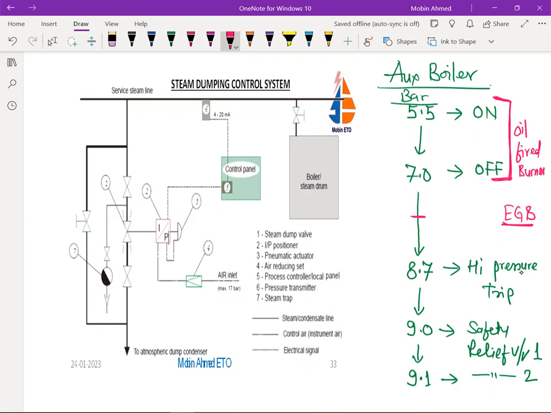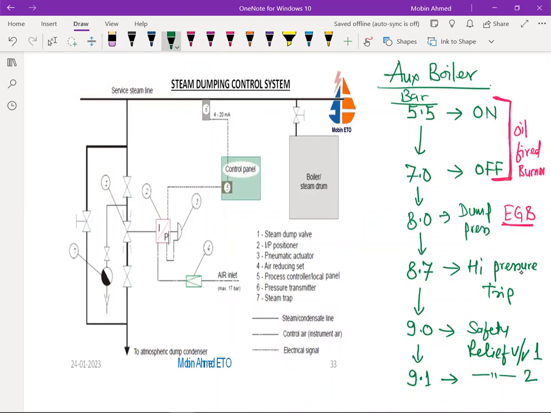So we choose such a way that it's supposed to be between this and this, and that is known as a dump pressure, generally you will find at 8 bar. So 8 bar we are having as the dump pressure. Dump pressure that is being set.